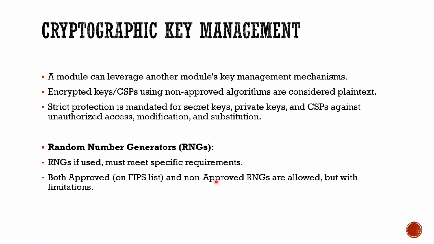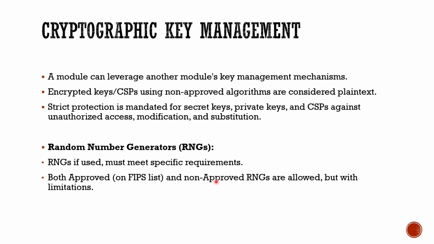These limitations are: the output from the random number generators must pass a continuous random number generator test that is specified inside the document. The approved random number generators require an additional testing of the cryptographic module or cryptographic algorithm.